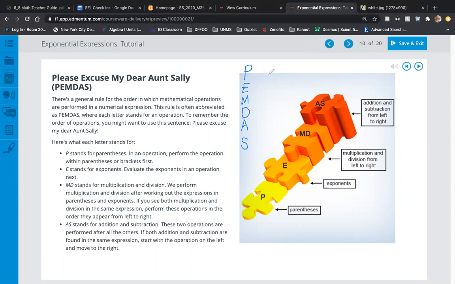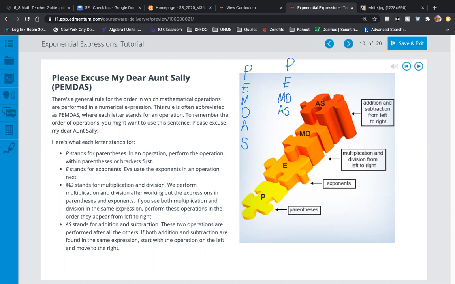But an easier way to write this is like this. Parentheses, exponents, multiplication and division are at the same level. And then addition and subtraction are at the same level, right? So you do whichever one you see first, coming from the left to the right.